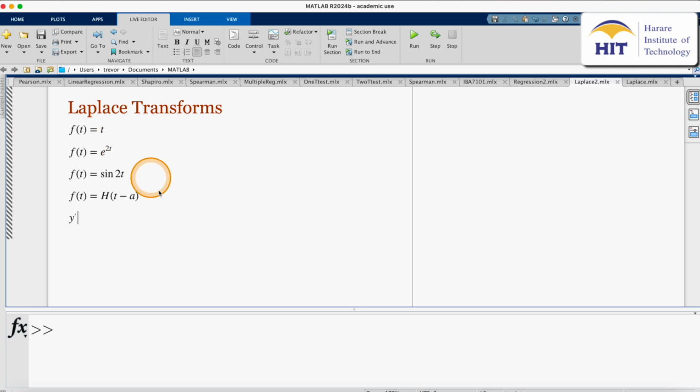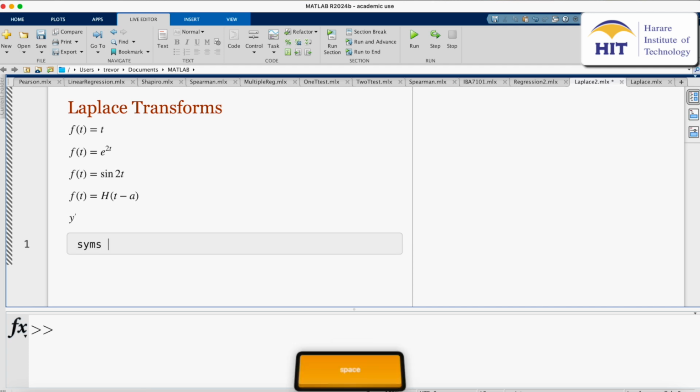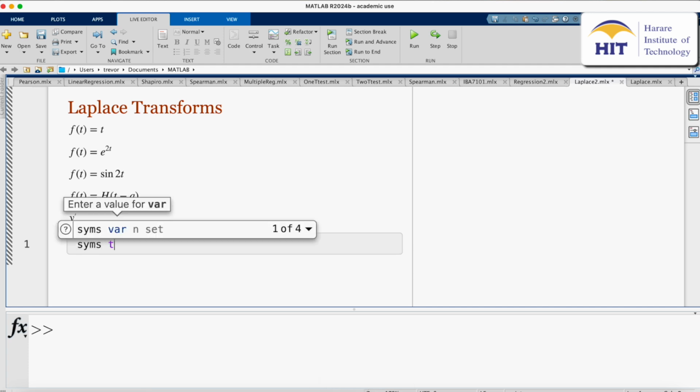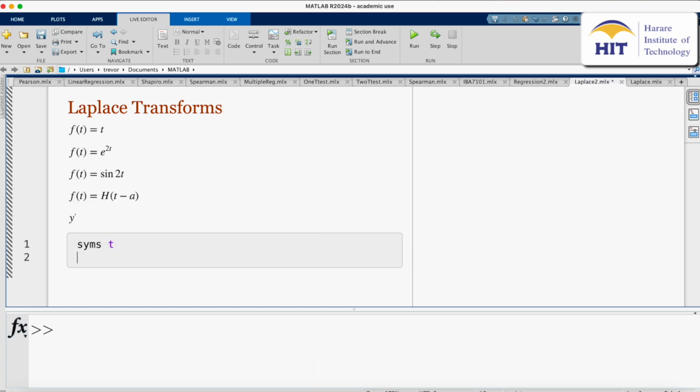Going on to the first question, where we have our f of t being equal to t. I'll click on the return key, then click on code. Here, the first step is to define our symbolic variables. So we write syms t, and define the symbolic variable t there. Then for the Laplace transform of f of t equal to t, I will call it f1.